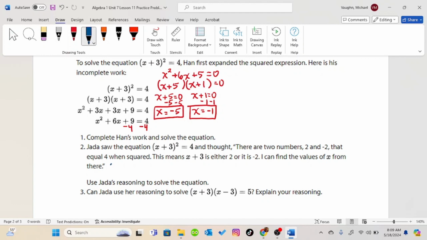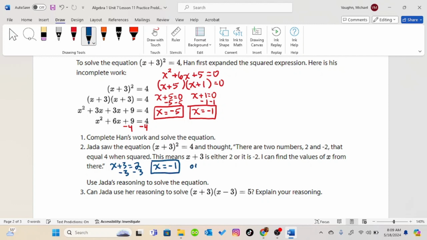So if x plus 3 equals positive 2, then when we subtract 3 from both sides, we would find out that x equals negative 1. That matches the second answer from Han's work.